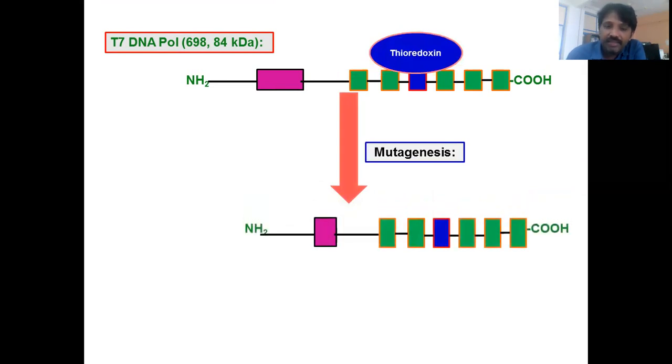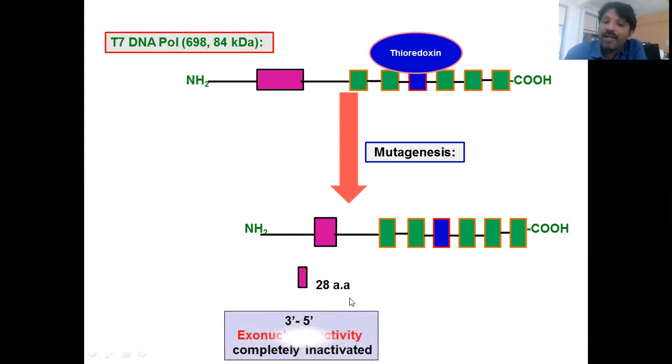This is the domain of exonuclease activity. 28 amino acids of the exonuclease domain are lost during the mutagenesis, which contributed to the complete abolishment of exonuclease activity from T7 DNA polymerase. 28 amino acids were lost during the mutagenesis from this gene, which resulted in the loss of 3' to 5' exonuclease activity.